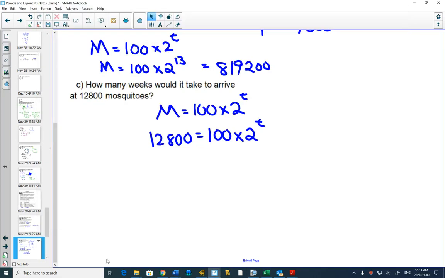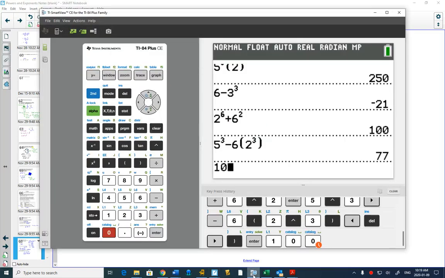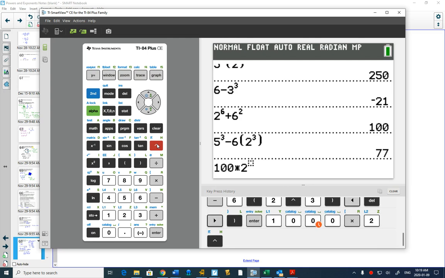First of all, does it make sense that your answer has to be less than 13? Because in 13 weeks, you're already at 819,000. So if you went to your calculator and tried 2 to the exponent, what number do you want to try first? Less than 13? 10.